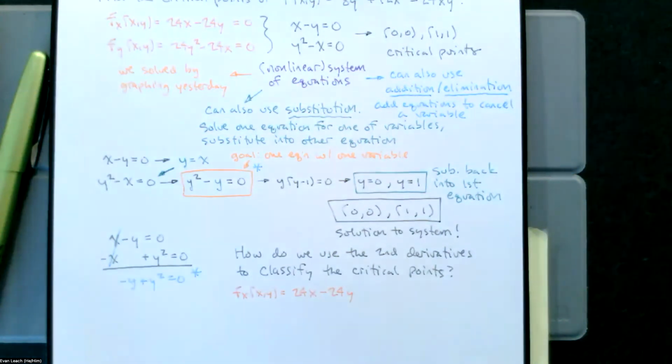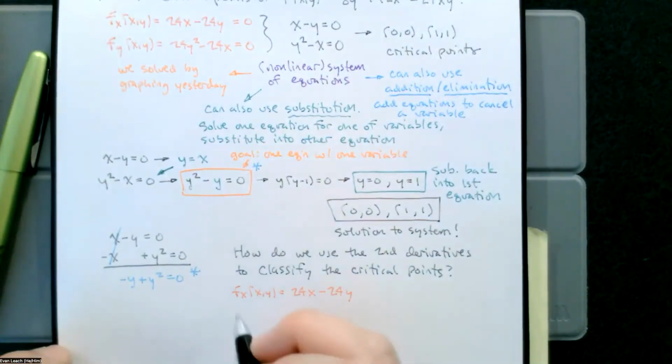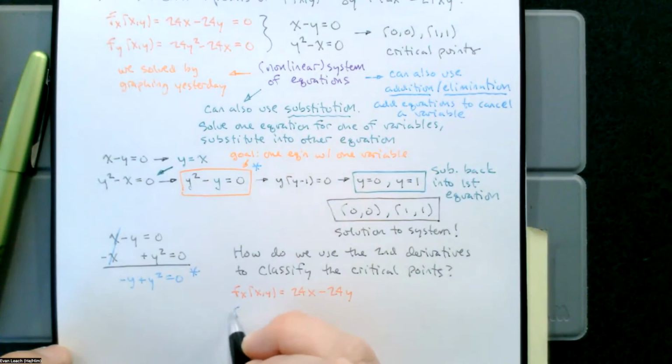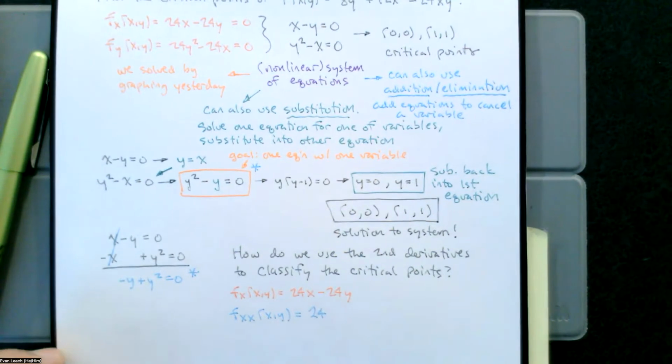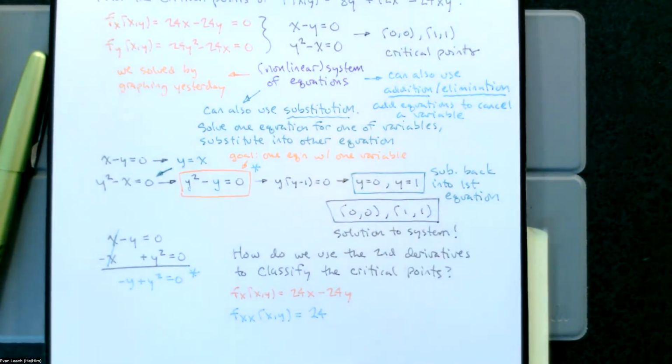I can find fxx. I can take the derivative of this with respect to x. So the derivative of 24x with respect to x is 24. And 24y with respect to x is constant. So the derivative there is 0.